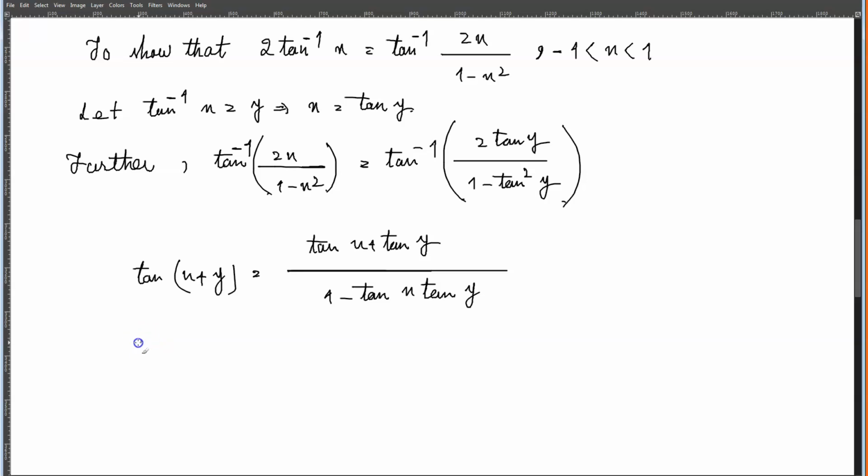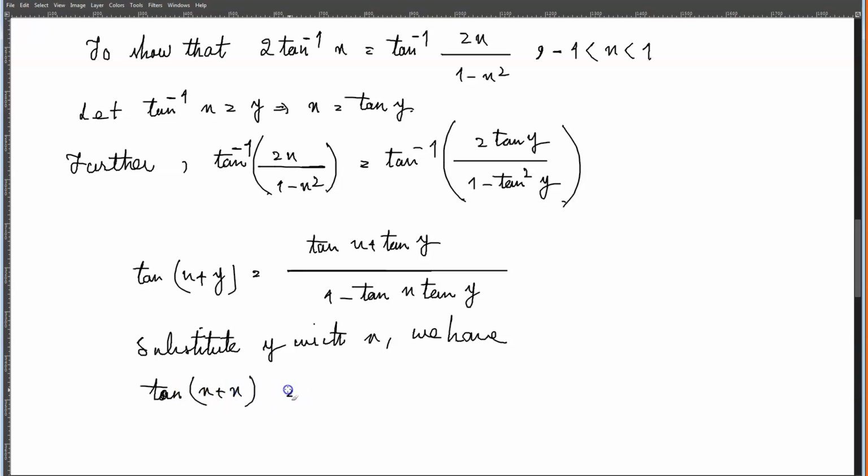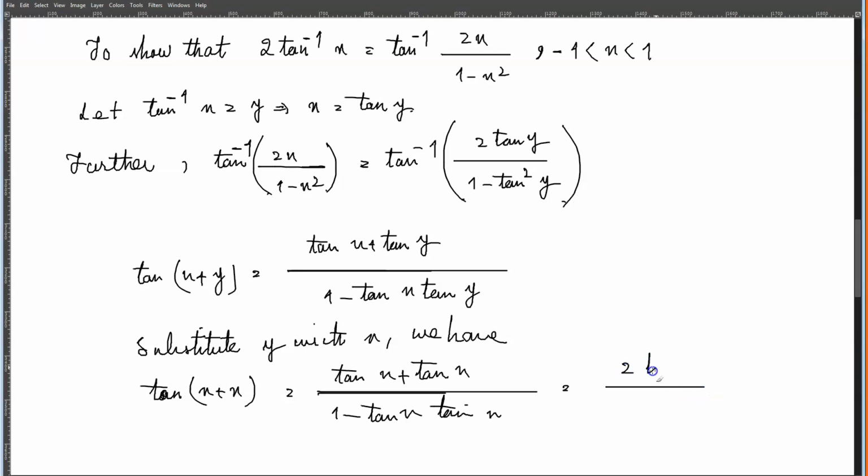Now in this formula, if I substitute y with x, we have tan of x plus x equal to (tan x plus tan x) over (1 minus tan x tan x), and that is the same thing as 2 times tan of x over 1 minus tan squared of x, and that is equal to tan of 2x.